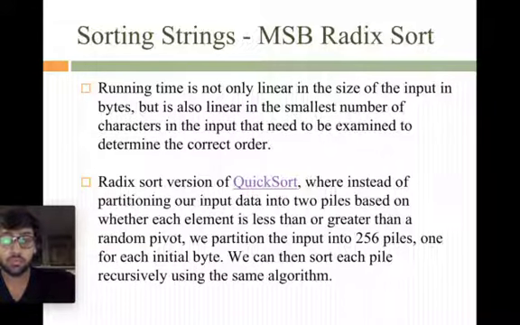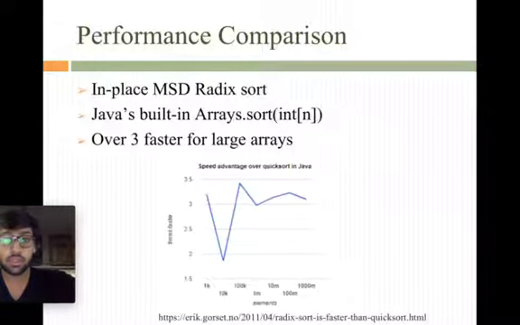So we get two bins into which the initial array is divided, one starting with 0 and one starting with 1. Now we can recursively apply the same algorithm within both bins to sort them. This is the in-place MSB radix sort, or the binary sort algorithm, and it does not require any extra storage.